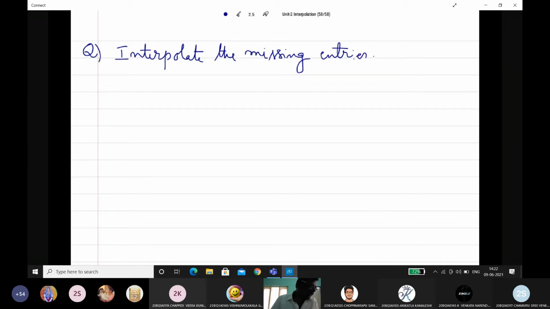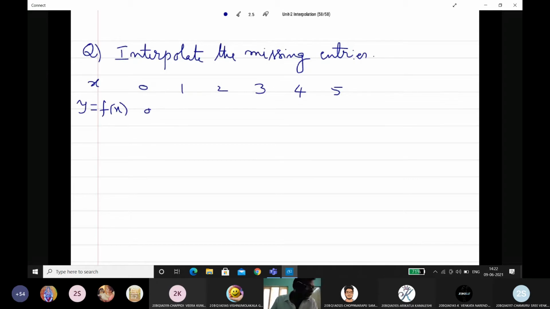Interpolate the missing entries. y is equal to f of x, with corresponding x values 0, 1, 2, 3, 4, 5.